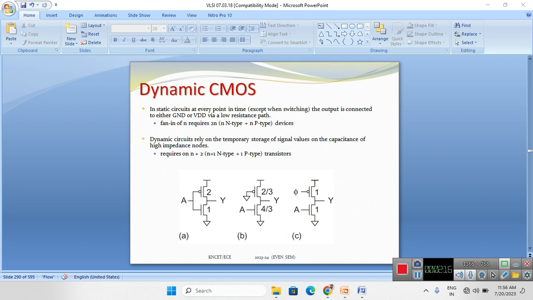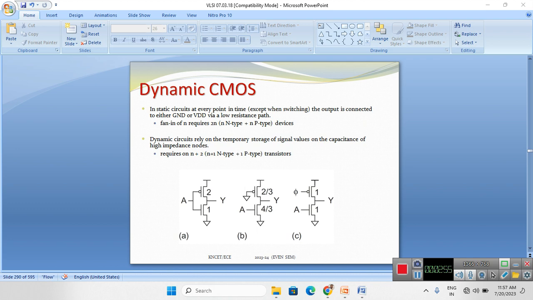The second one is pseudo NMOS logic. Compared to static CMOS logic, here we reduce the number of transistors. In pseudo NMOS logic, we need only n plus 1 transistors. N plus 1 means n NMOS transistors plus additionally only one PMOS transistor. This PMOS transistor is always grounded.